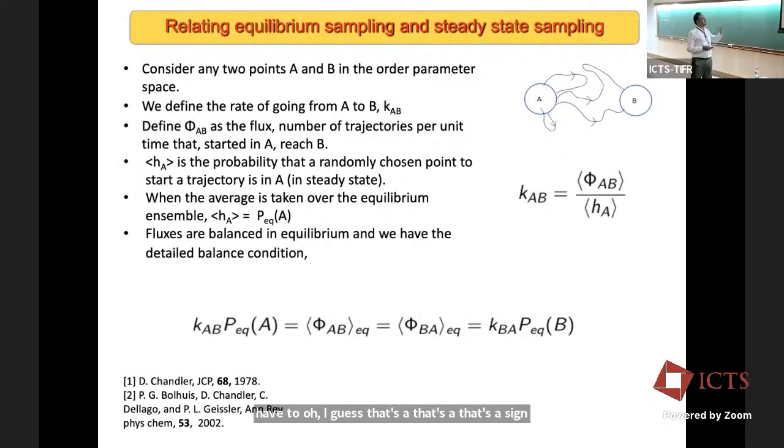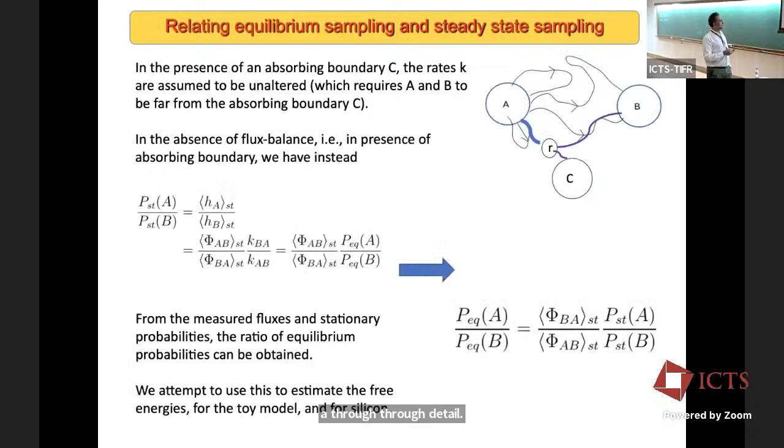So we've been trying to play with ways of looking at fluxes and transition rates between pairs of states, and trying to use the ratios of transition rates, which through detailed balance give you the ratio of equilibrium probabilities, but use it in a steady state condition with absorbing boundaries to see how well we do.